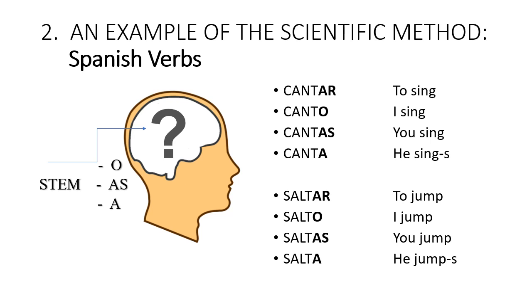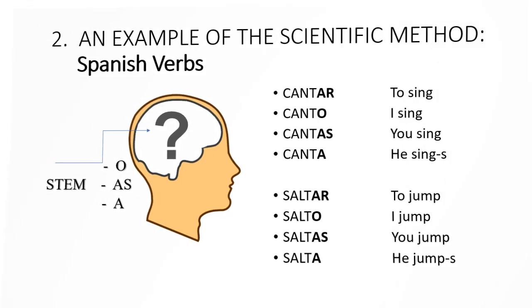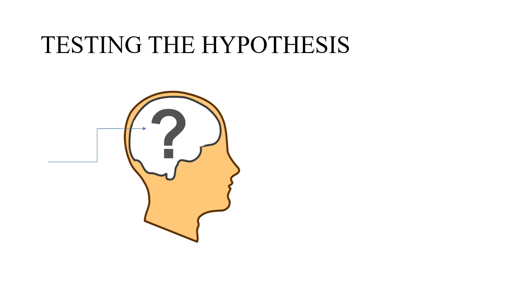So we take the stem and we add these endings that we might call personal endings. Now, how can we test the hypothesis? So basically what we said is that we have a stem, and to the stem we add o, as, a.